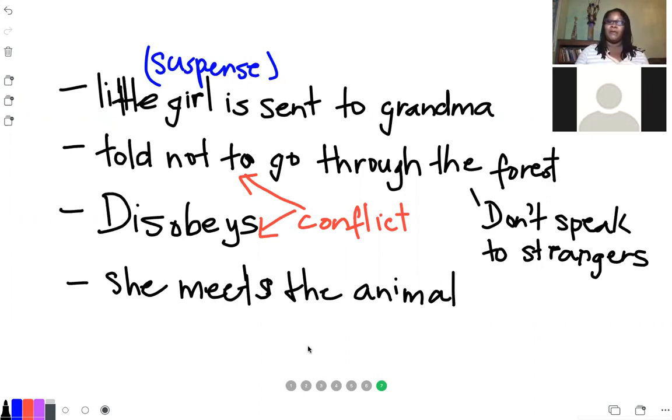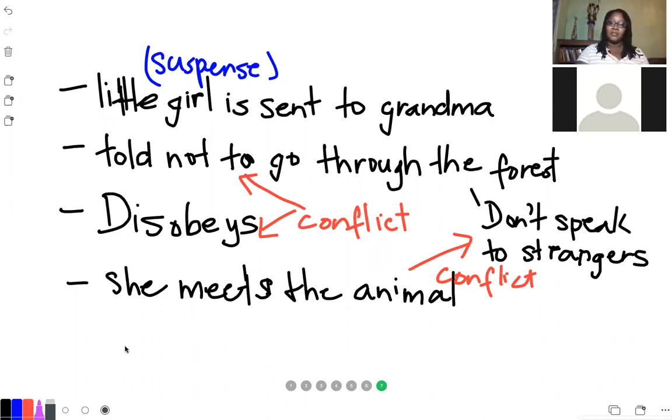And they go on their merry way, you would have again wasted your conflict. But she now disobeys the second time. And she speaks to the animal. Second disobedience, second point of conflict. And we now have some suspense coming into the mix, because a little girl like this was so disobedient. Something has got to happen.